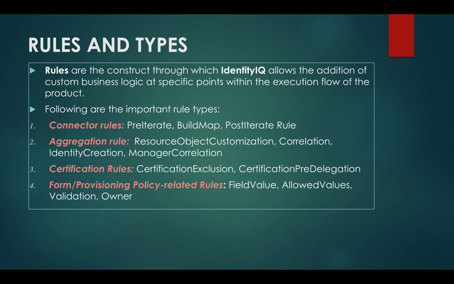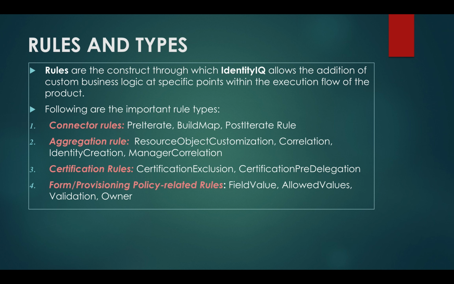So if somebody asks you what a rule is, a rule is basically a construct, or you can define it as an artifact or object by the utilization of which Identity IQ implements business logic at a specific point. At a specific point, I mean it can be implemented in the aggregation process. It can be used in forms and provisioning policy related activities.